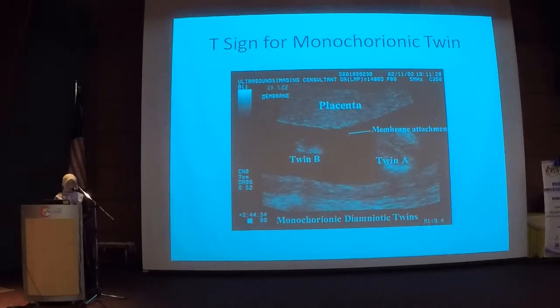T sign: whenever you look at it, it's not very clear, but you try to look at the insertion, the membrane attachment at the placenta. You cannot see the lambda sign, you just see the T sign. So this is monochorionic. But of course, you need to refer the case to the hospital, to the tertiary center for confirmation and for follow-up later on.